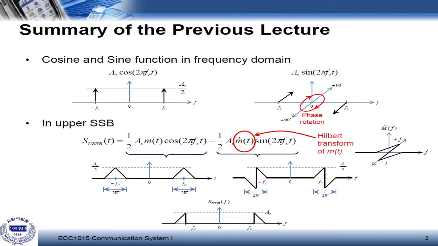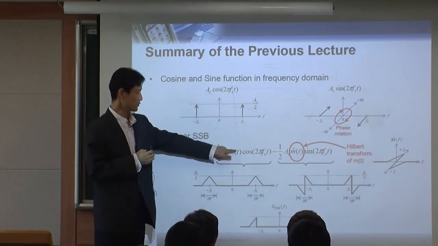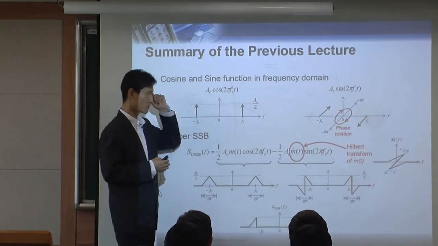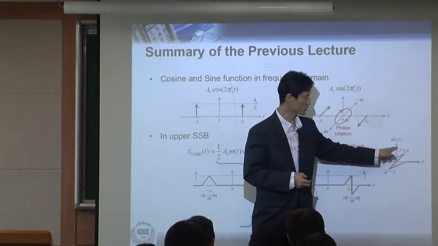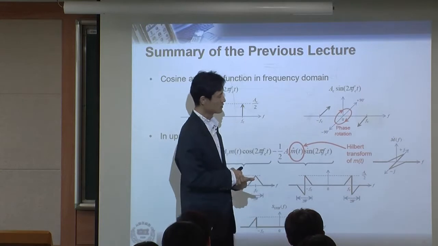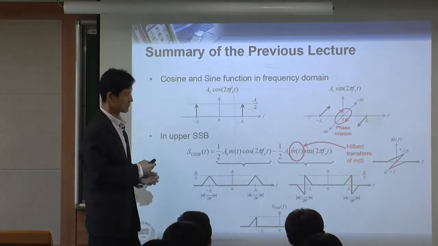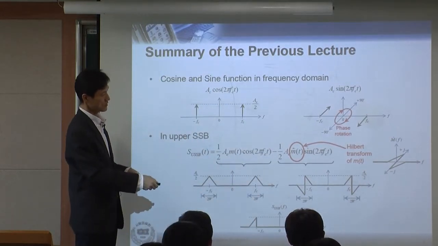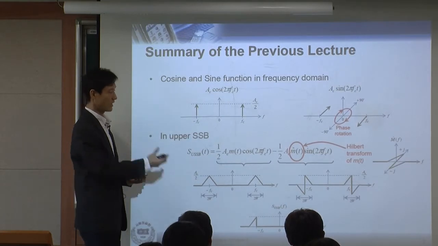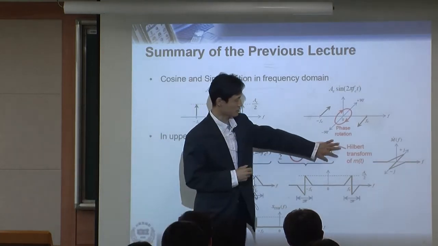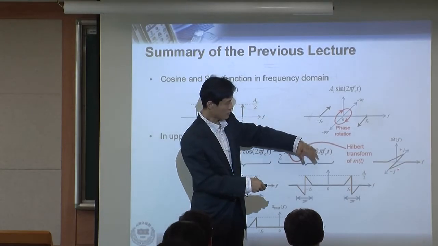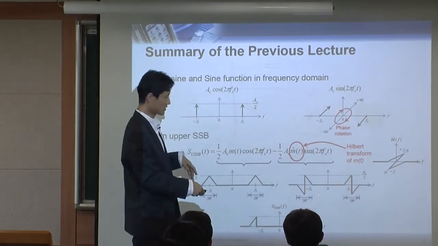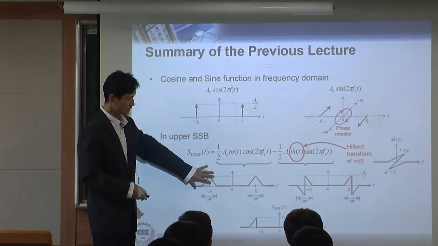In the same way, you have your own message signal, mt. Put the mt into the Hilbert transform, and now you're going to get m hat t, which looks like this. When you have a triangle mf, its frequency response after going through the Hilbert transform looks like this. Now you want to multiply by sine here, and then you're going to get this signal, and this was the original double sideband.